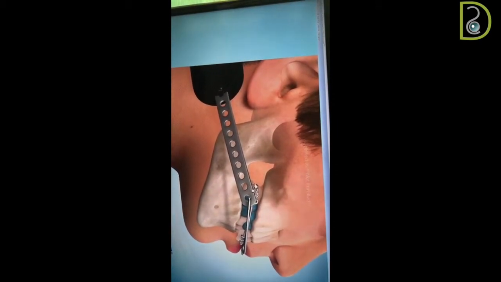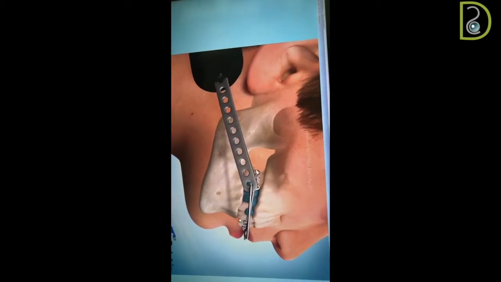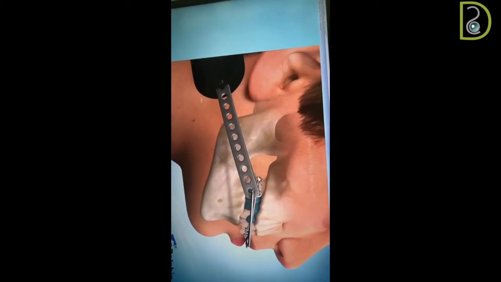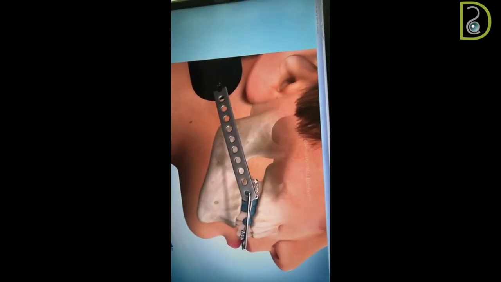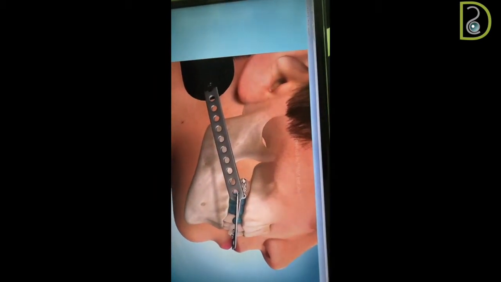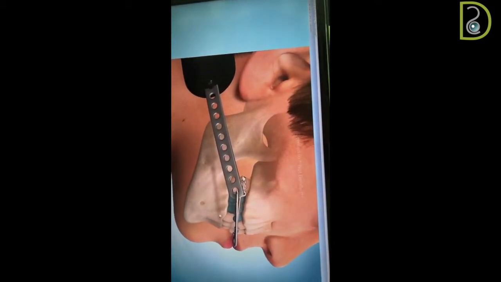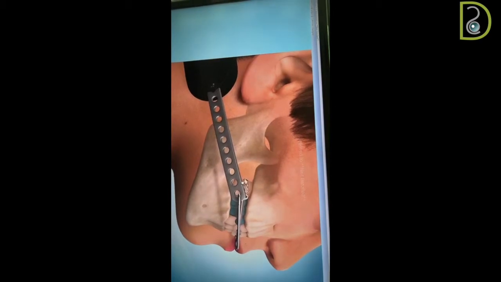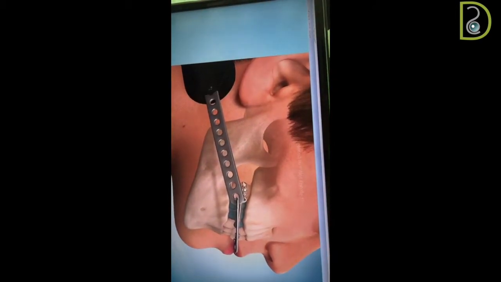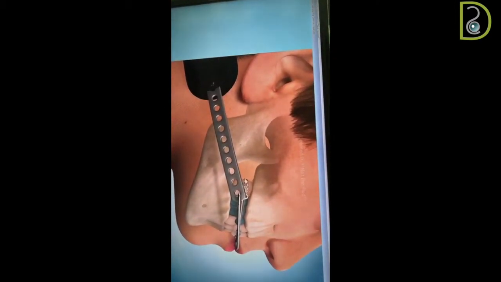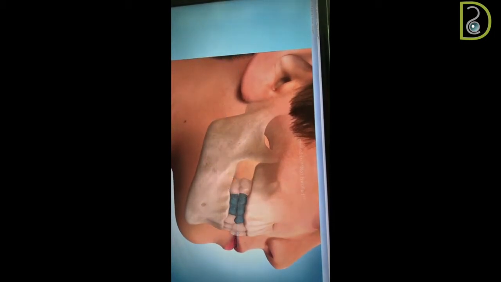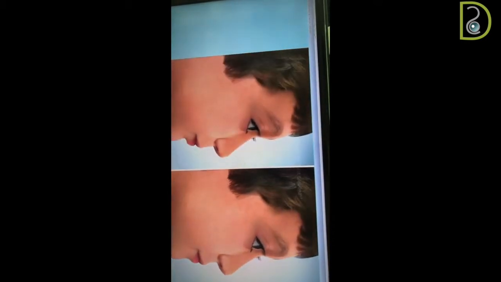So if you get extrusion, you open the bite. You see the patient here has a deep bite. See how is the effect of the headgear. As the patient wears it, there is an improvement in the deep bite because there was an extrusion in the first molar, and there was also distalization. So the patient turned from class 2 into a class 1.